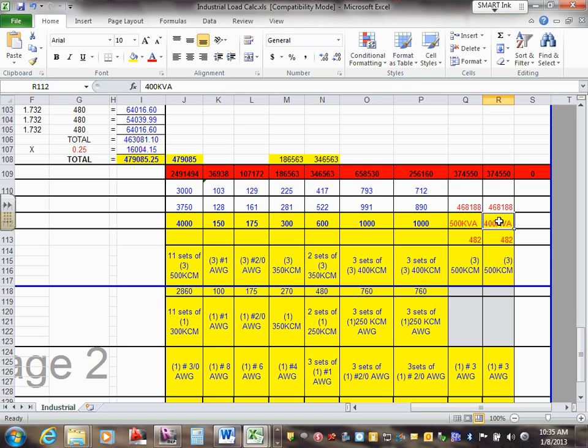That's including the 25%. Yep, it's already included right here. 500 KVA. Round it up. Yep, and then I'm going to put 500 here. The reason why my numbers are different than yours, guys, is because remember we changed it a second ago. 500.